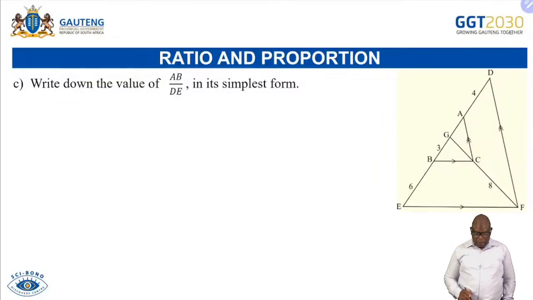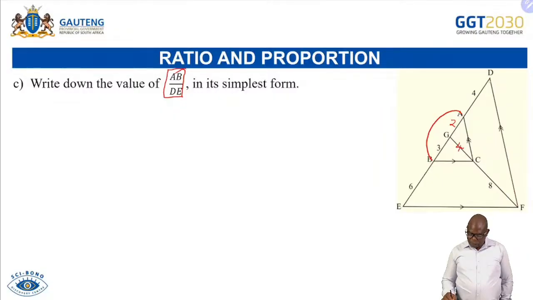Part C states: write down the value of AB over DE. So now I need AB. I know that this is 2 units, and this is 4 units. So we need AB over DE.